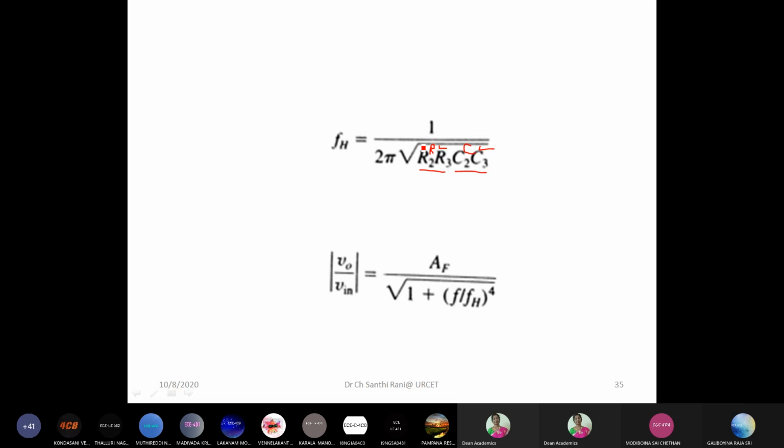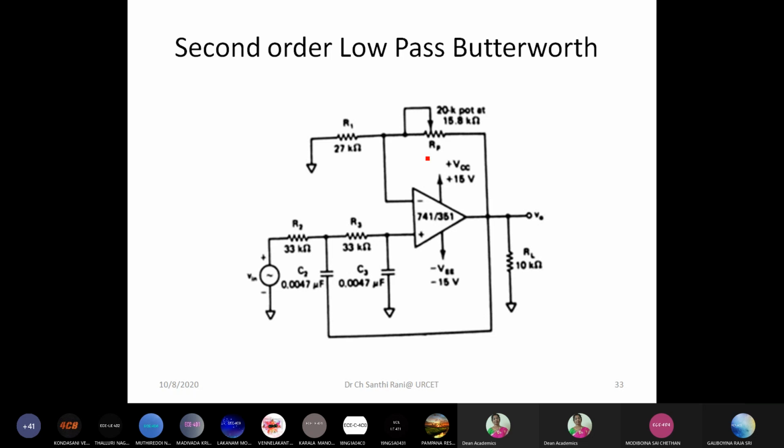The square and square root cancel and you will get RC only. So FH is equal to 1 by 2 pi RC when R2 equal to R3 equal to R and C2 equal to C3 equal to C.